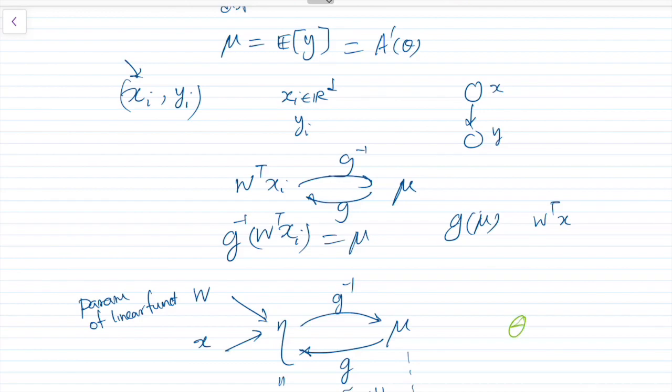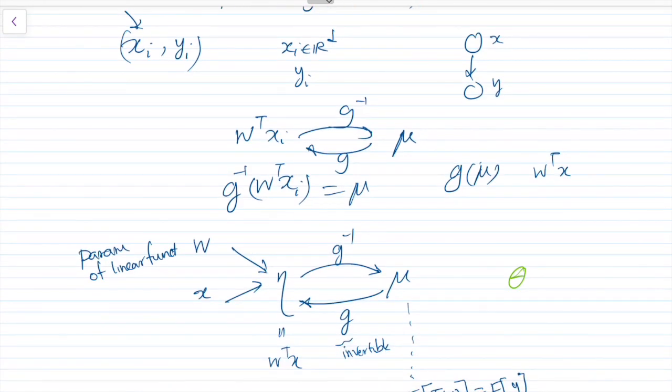How is it connected to theta? This is the mean of the exponential family. How is it connected to the parameters? Remember that if I take a gradient of this, it becomes this.